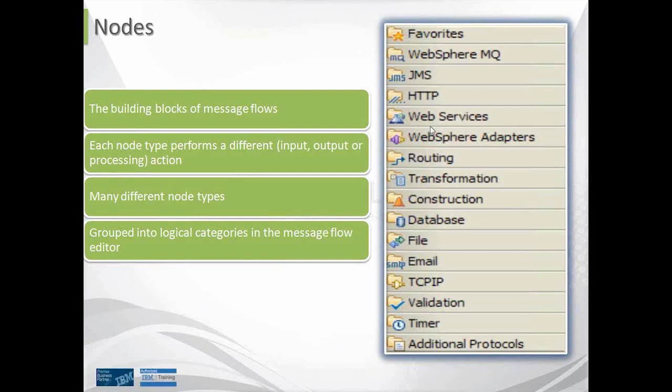These are all the different nodes which can be used for the different source or target applications, and different types of routing mechanisms, and different transformation mechanisms. All of this is part of the palette. So on a message flow, you will pick certain input nodes, output nodes, processing nodes, and you build a flow.